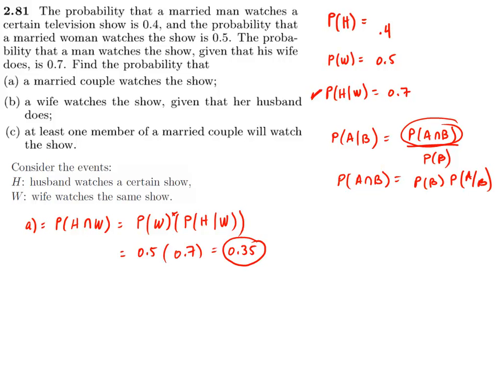So in other words, if this was the case, that means that the events are independent because one event has no effect on the other. But that's not the case here. Okay, so you know that there's some effect of one event onto the other.